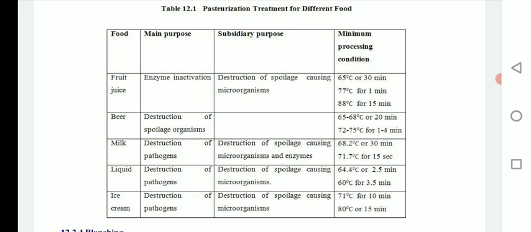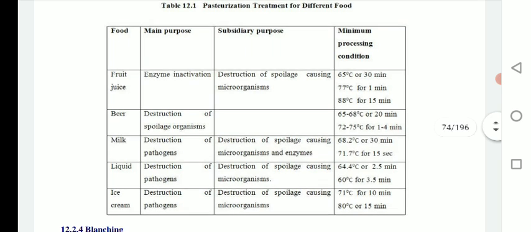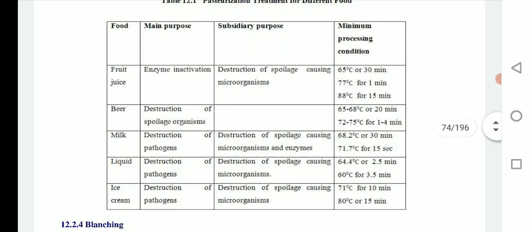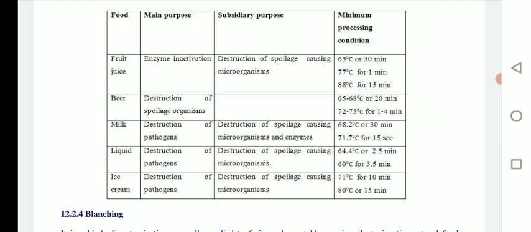Pasteurization is carried out basically to inactivate enzymes present in fruit juices, and also to destroy spoilage causing microorganisms. These are different temperature and time combinations we can use for treatment of fruit as well as fruit juices: 65 degrees Celsius for 30 minutes, then 77 degrees Celsius for 1 minute, and 88 degrees Celsius for 15 minutes.